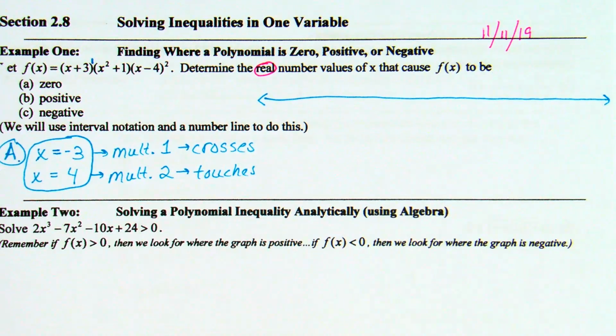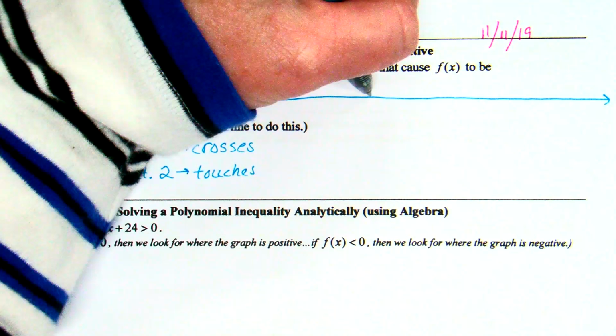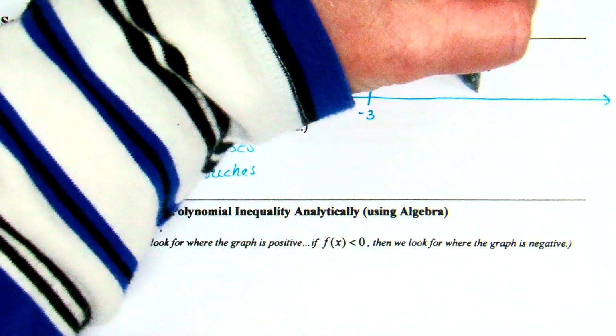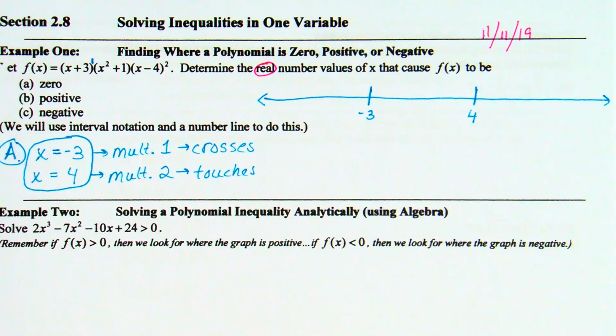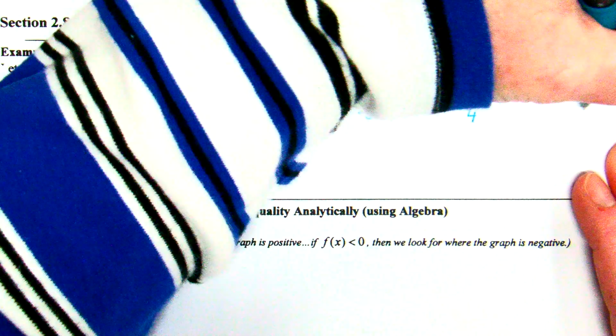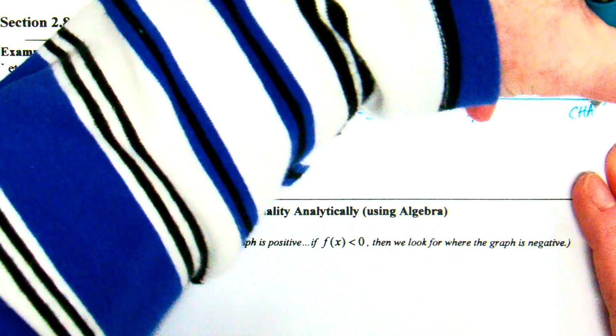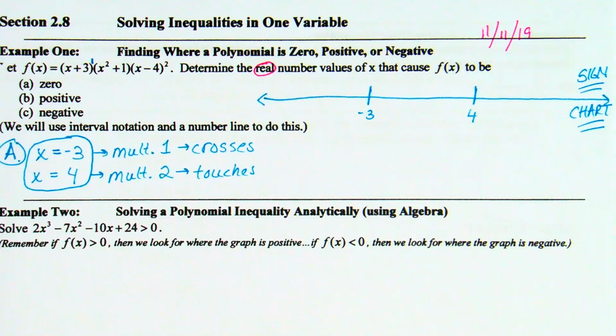I'm pretty much going to equally space them out so that it's creating 3 equal sections on this number line. In other words, I'm not putting all the numbers in between. I'm just spacing them out so that they represent 3 separate portions. FYI, in case you go back and try to figure out what a sign chart is, this is a sign chart I'm doing. Okay?